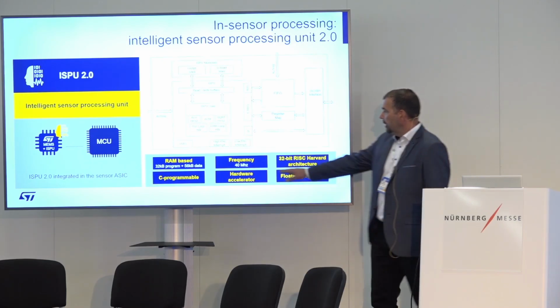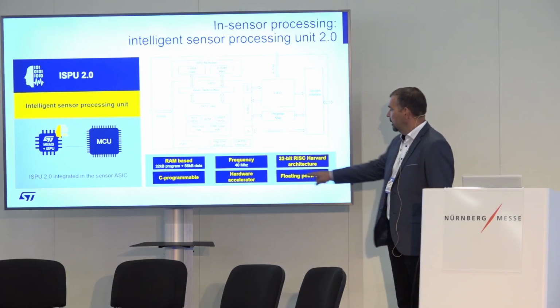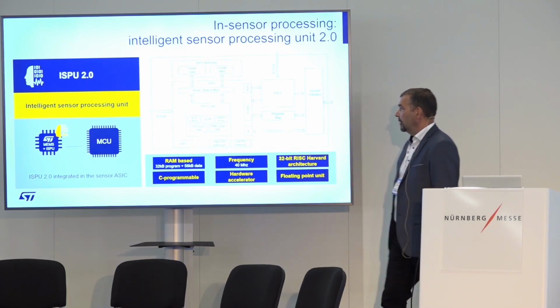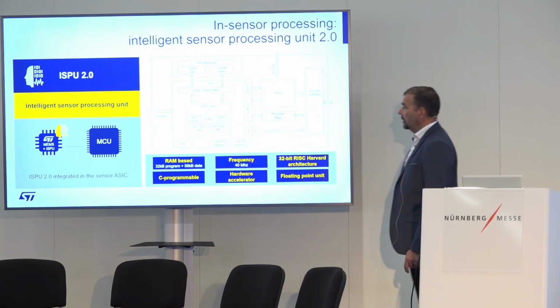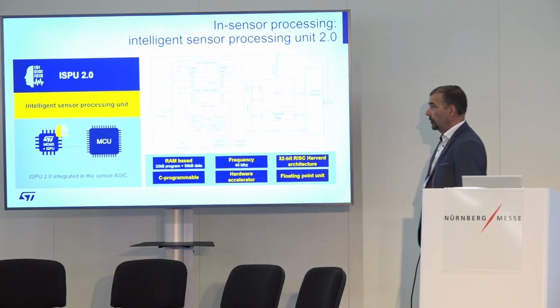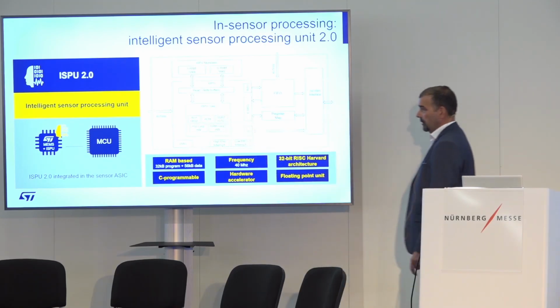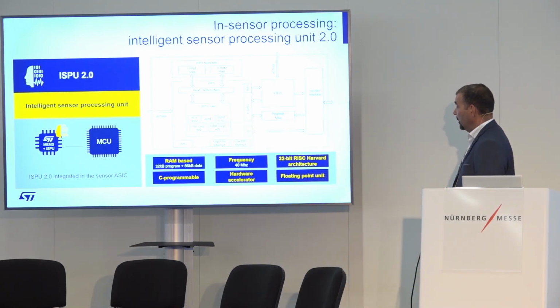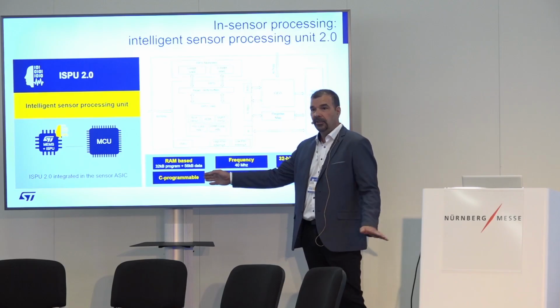The core itself is running at 40 megahertz, and of course there are many hardware accelerators which you can see inside the core itself. For example, there is a dedicated square root engine which you can benefit from when you are programming your own algorithm, which you can, by the way, program in traditional C code.